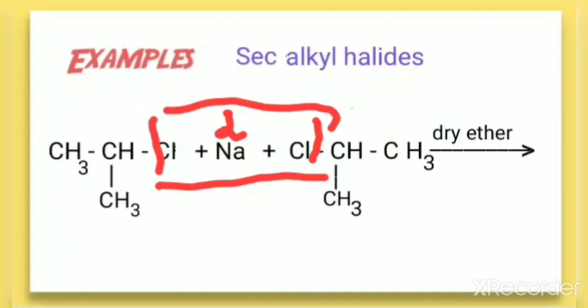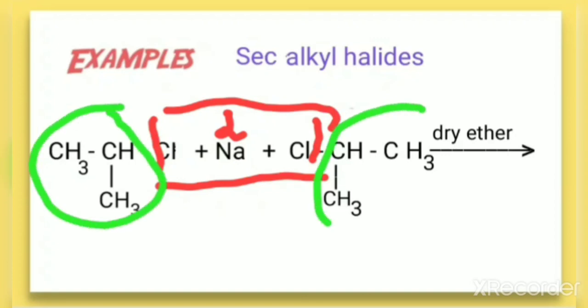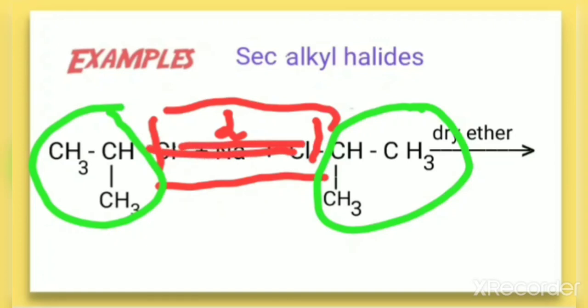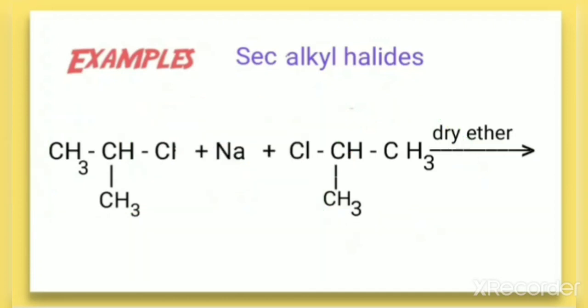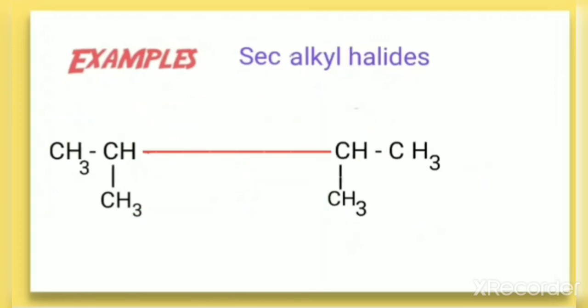So the rest of the part, that means this part and this part, will get bound. So when it gets bound, how you make the product: just remove this part and make a bond between them. So the product is ready. So we can check the product. This is the product which is formed. That is a hydrocarbon. It is an alkane.